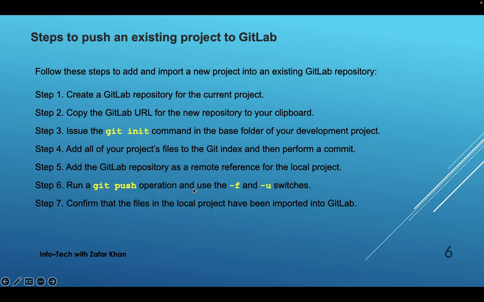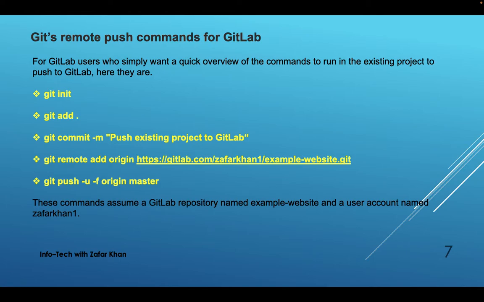The git push operation is used with -f and -u. -f is forcefully pushing, and -u are the switches basically. Once you have pushed it, go to GitLab and confirm whether the file has been pushed over there or not. These are the commands which we will run.